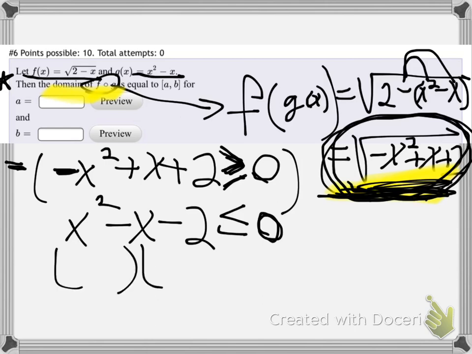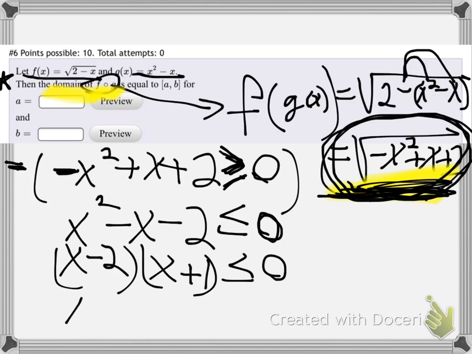And then from there, we could solve this thing by factoring. If we factor that out, we're wondering what goes into negative 2 and adds up to minus 1. Negative 2 plus 1 should do it. Really, we should have probably just treated this as an equal sign the whole time.